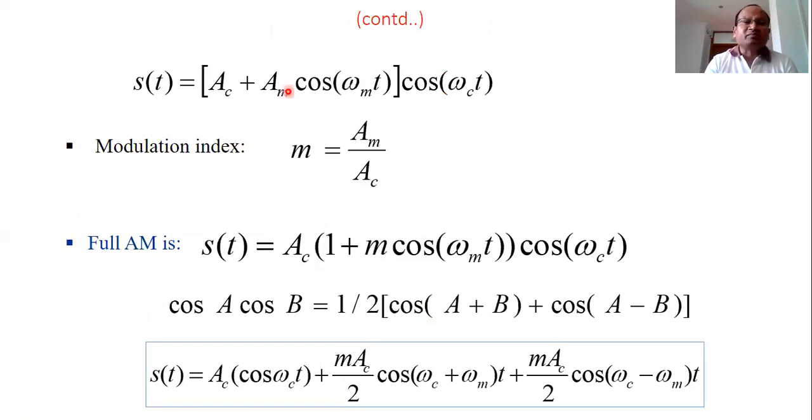The same is written here. Please remember, Ac plus Am cosine omega_m t is the carrier amplitude of the transmitted signal, and the cosine omega_c t term remains the same. We are not altering the carrier frequency, and therefore it remains the same.